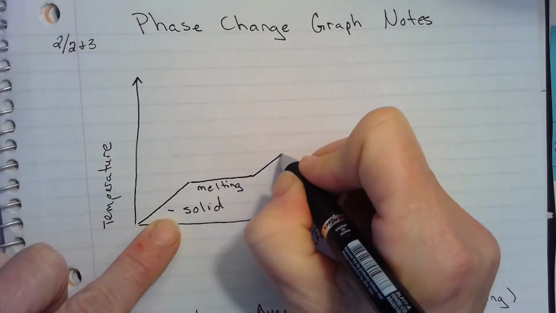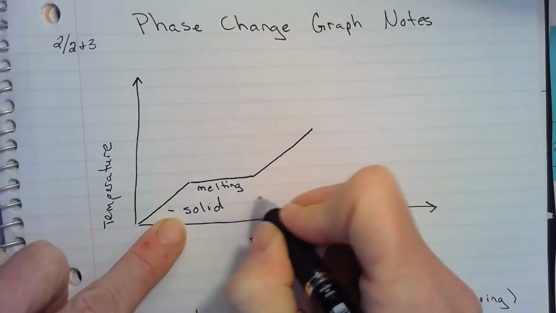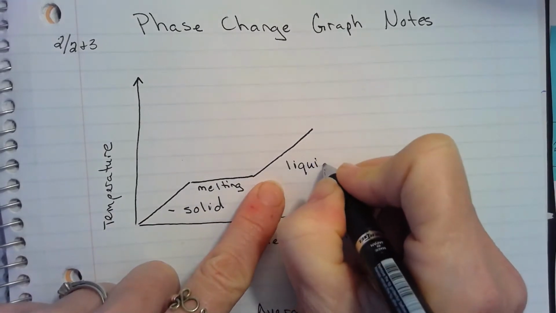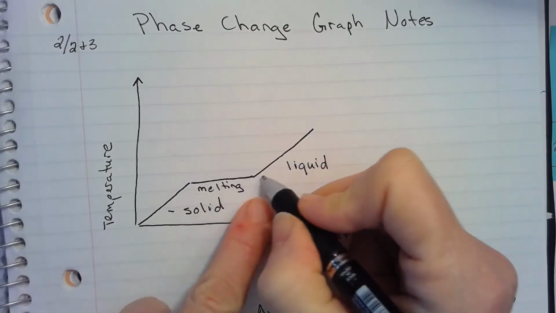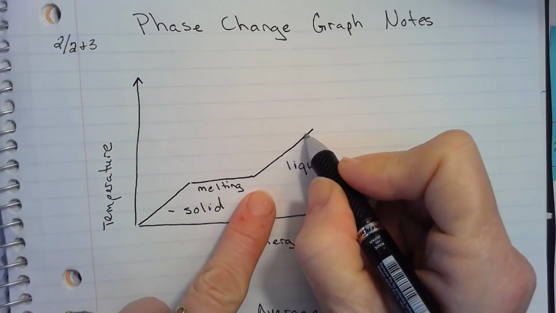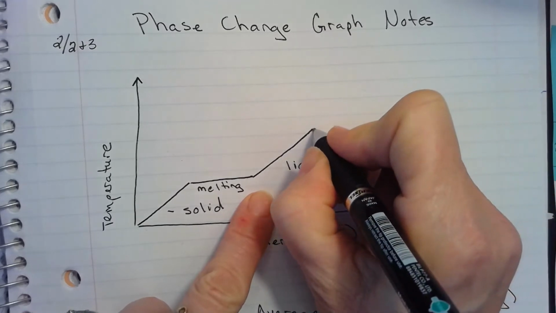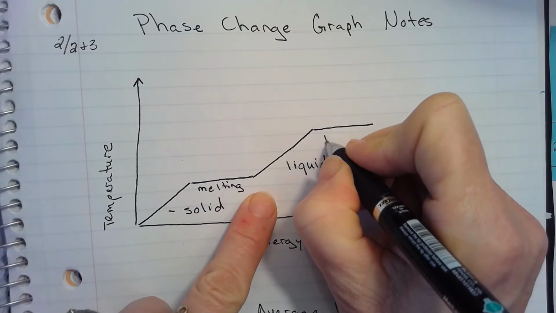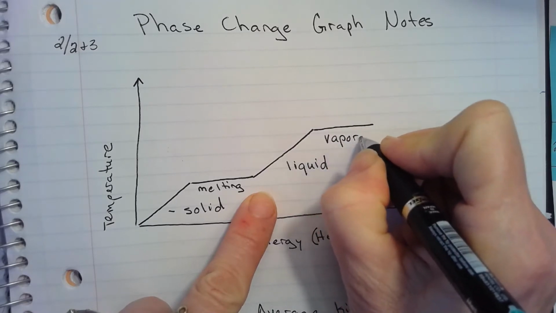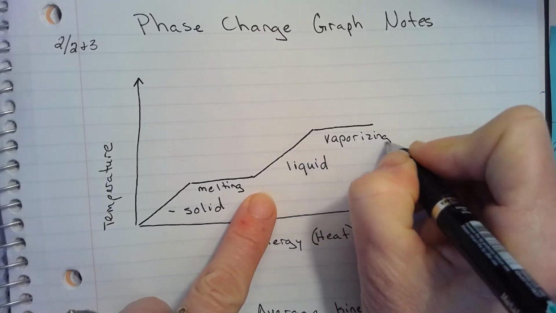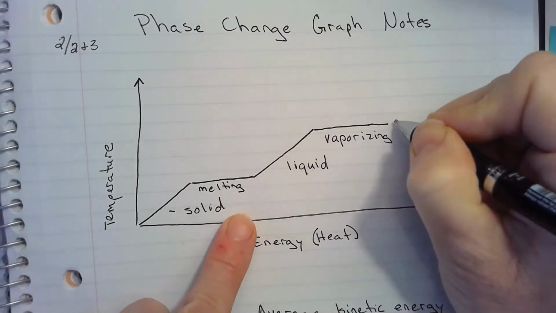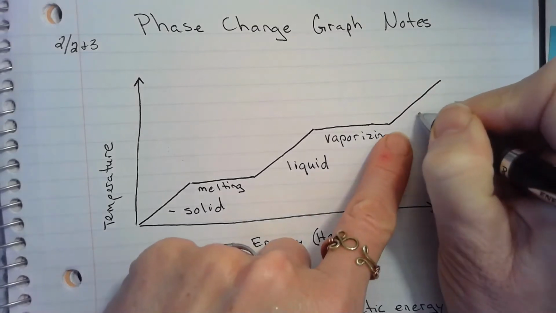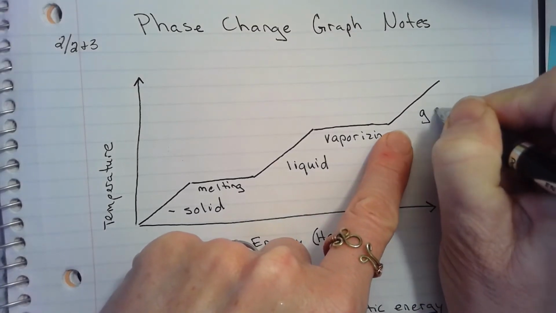And as I go up, once it's melted, I go from a solid to a liquid. The temperature goes up and up, and then it's going to get to a point where that liquid is going to start vaporizing. And then it's going to go up. Once it gets to a certain point, all vaporized, it's now a gas.